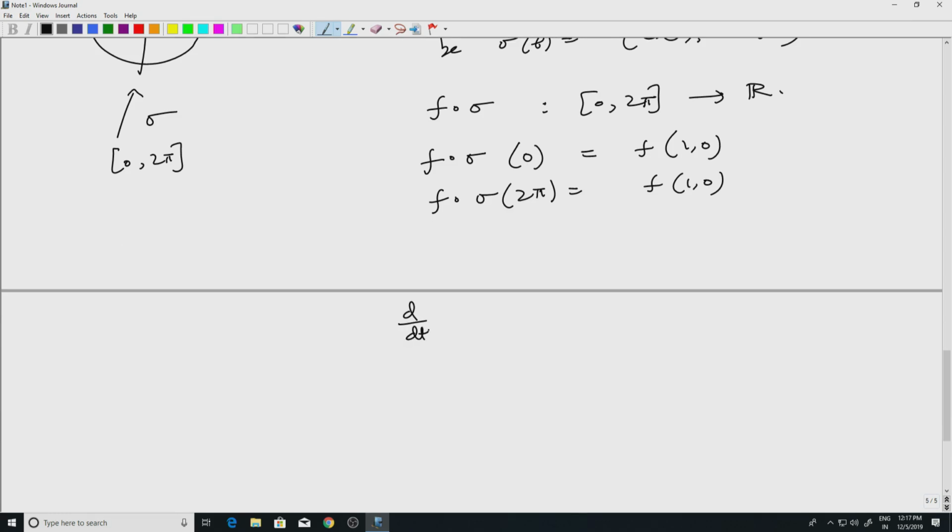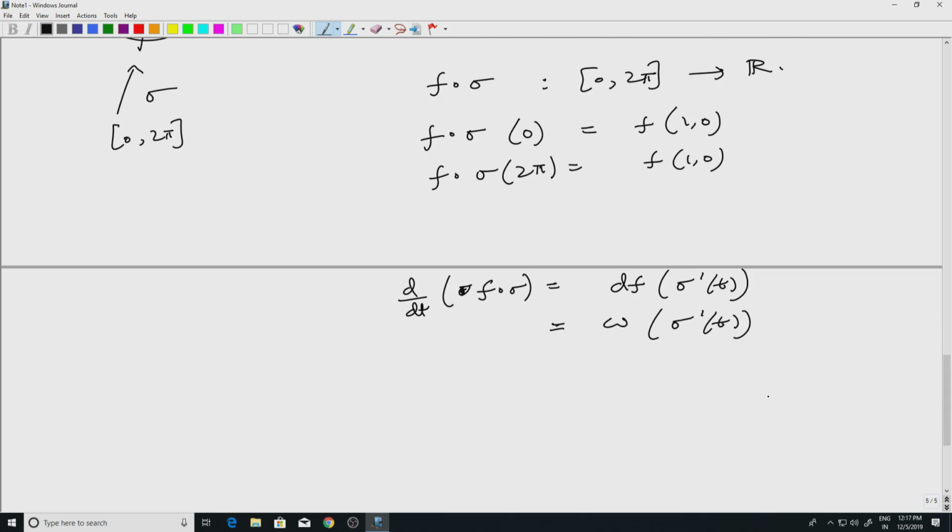D by dt of f composed with sigma is, by the chain rule, df of sigma prime t, where here I'm using the derivative interpretation of df, which is the same thing as the one form df, and this is omega, since I've assumed df is omega. So this is omega of sigma prime t, with omega at the point sigma t.